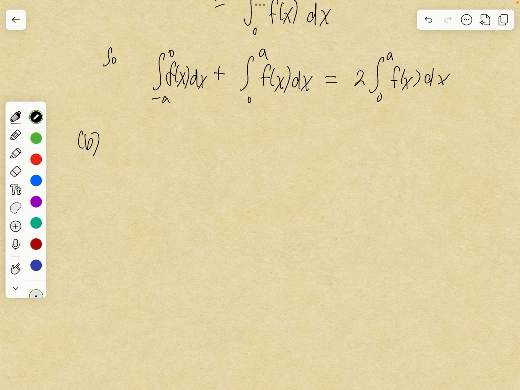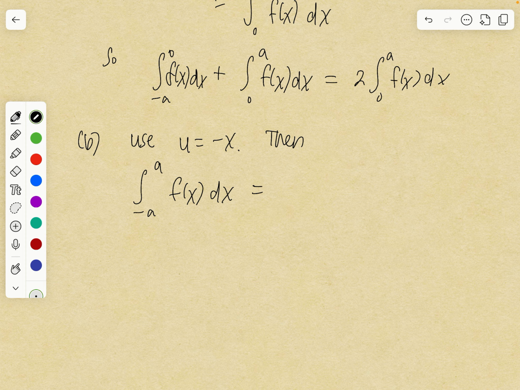So we have to evaluate the integral from negative a to a. Again, we'll use the u substitution, u equals negative x. Then, if you look at the integral from negative a to a, we're going to switch the bounds, right?